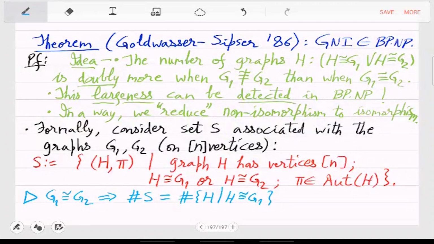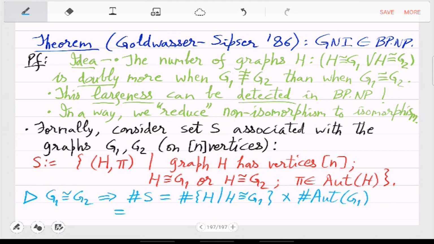That's the number of H, and what is the number of pi's? That is the number of automorphisms. Note that the number of automorphisms of H and G1 will be the same. So for every H, we are multiplying by the number of automorphisms of G1.